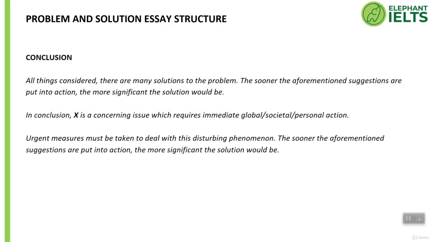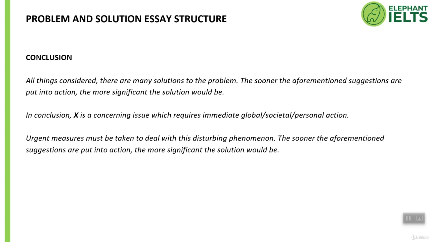In the conclusion, you state how important it is to combat the problem using the measures that you suggested. And there are different ways of doing this. Here are some suggestions. All things considered, there are many solutions to the problem. The sooner the aforementioned suggestions are put into action, the more significant the solution would be. That's one suggestion.